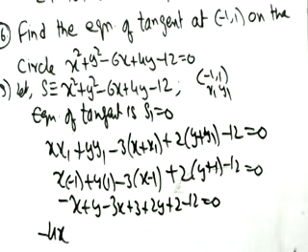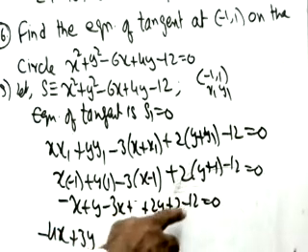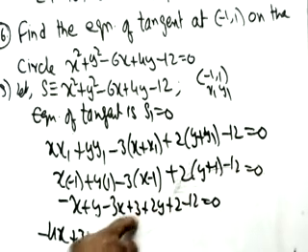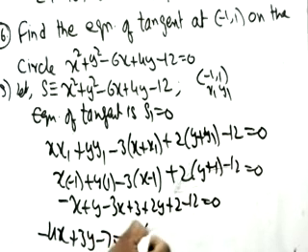Minus 3x minus x will be minus 4x. 2y plus y is 3y. Now constants: 3 plus 2 is 5, 5 minus 12 is minus 7 equals 0.